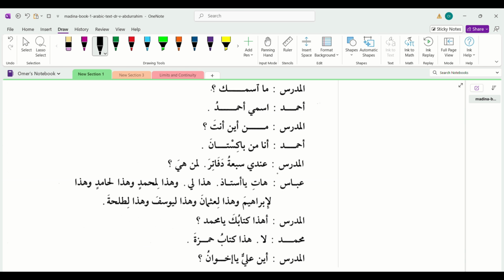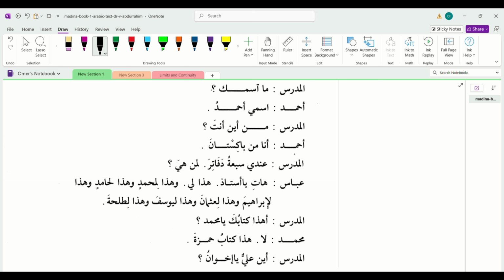And it will not get the fathatan, since it is an exception. It will only get one fatha, even though it's mudaf ilayhi.